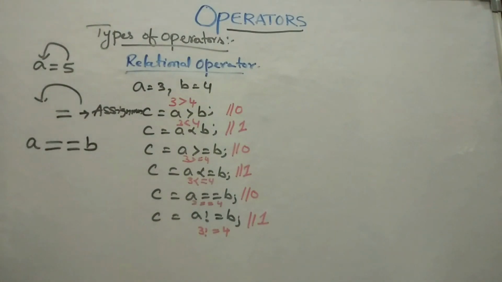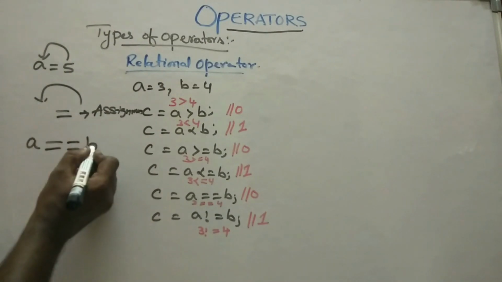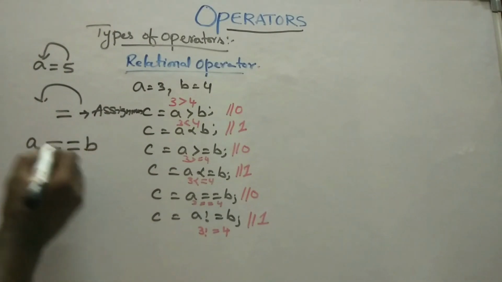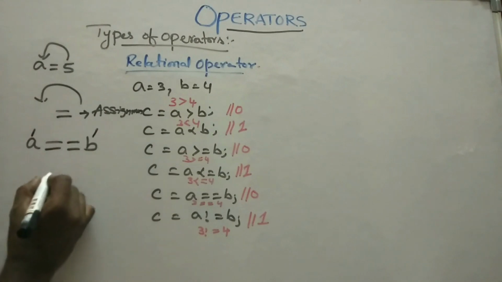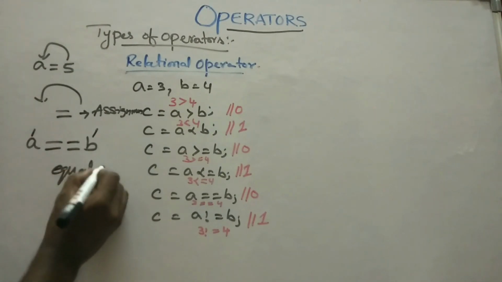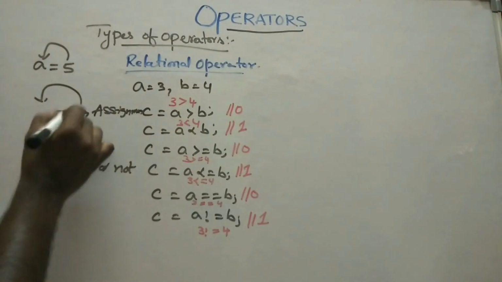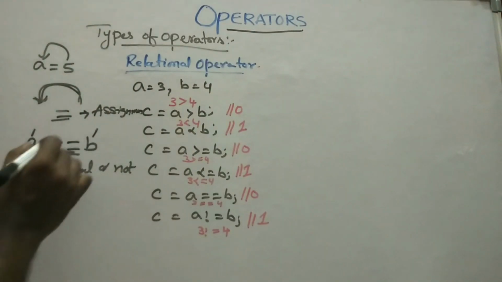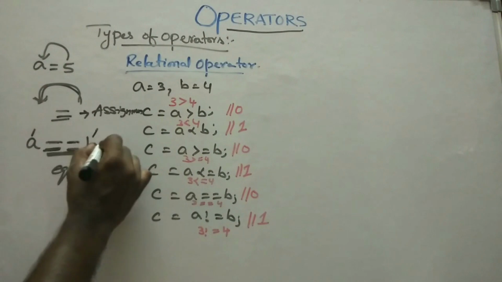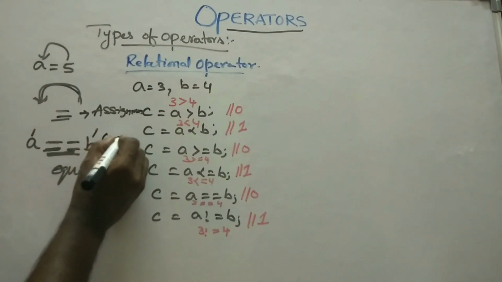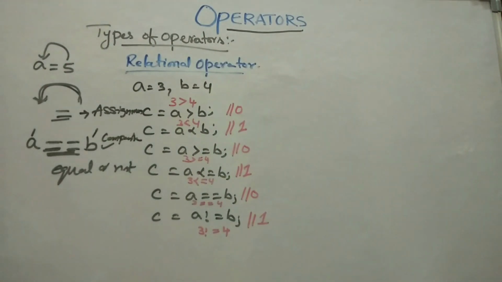Here I am comparing whether A and B are both equal or not. That is the need of double equal. Single equal is an assignment statement. Double equal is nothing but a comparison statement. You can compare whether the two things are equal or not.